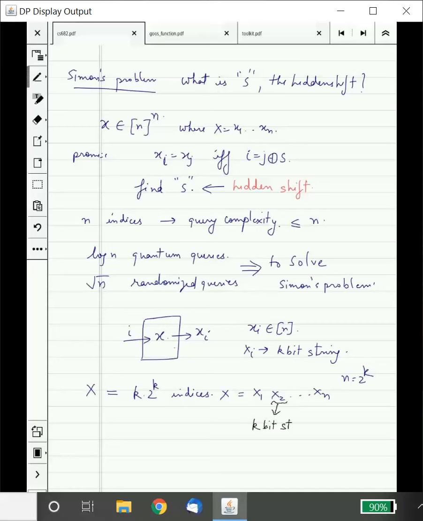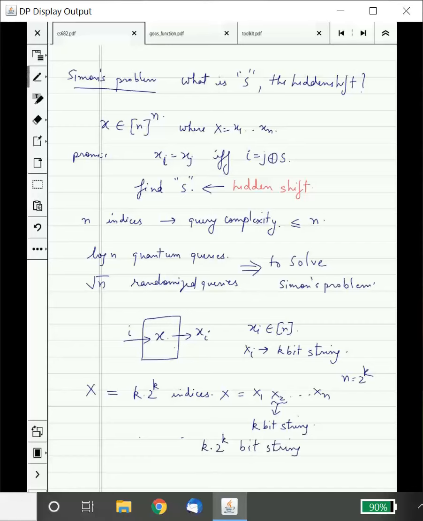I can think of my entire input as a k times 2^k-bit string. Then it will be a Boolean input, Boolean output problem.